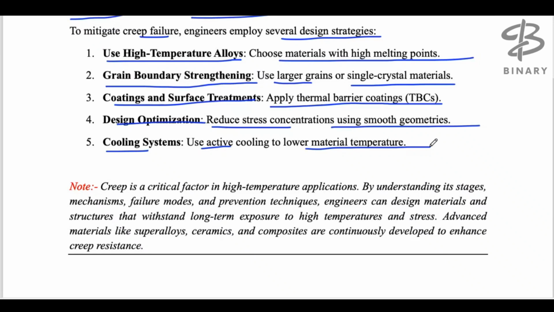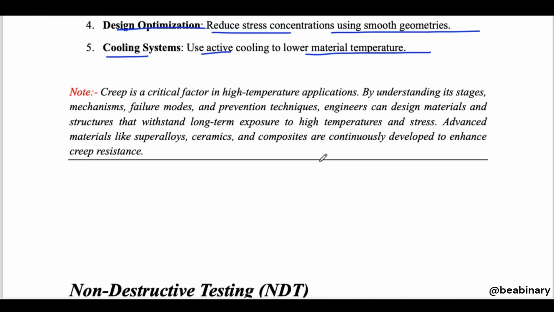Not all the time do we have that facility to provide coolant, because sometimes we don't have that option, but most of the time we do, so we can provide the coolant so that the temperature comes down a little and we can resist creeping. So this was all about creep.